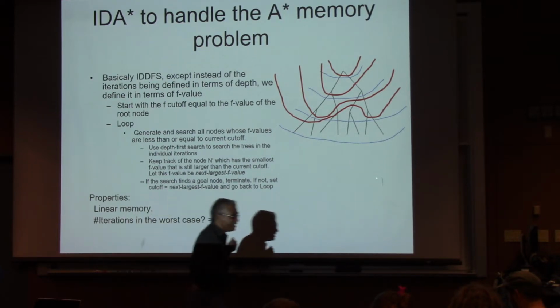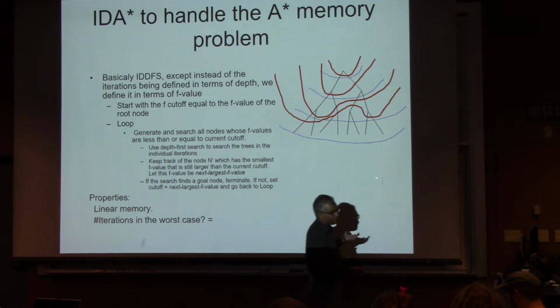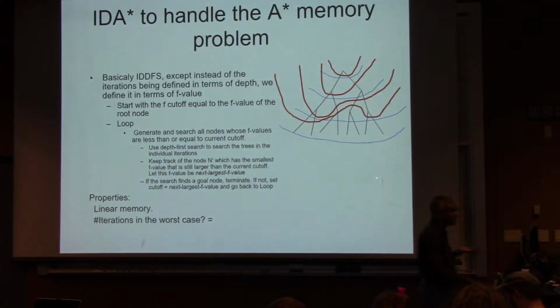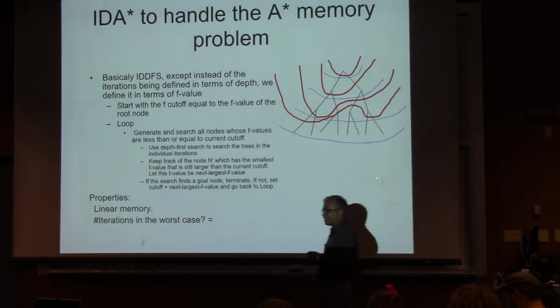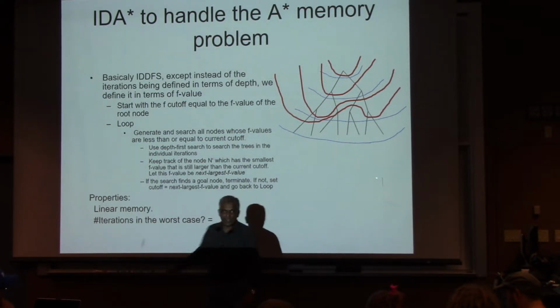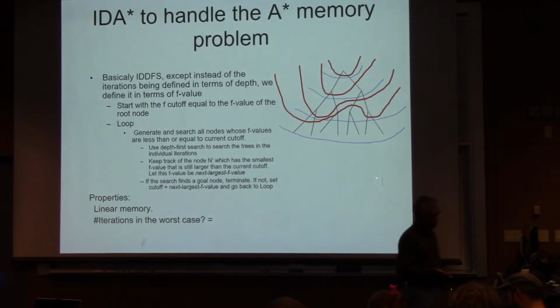B power d iterations, which is actually n, the number of nodes, but it's equal to b power d, because d is the depth and b is the branching factor. This would completely kill you. I understand repeated work can sometimes be justified, but not repeated work that exponentially many times expands the same node.